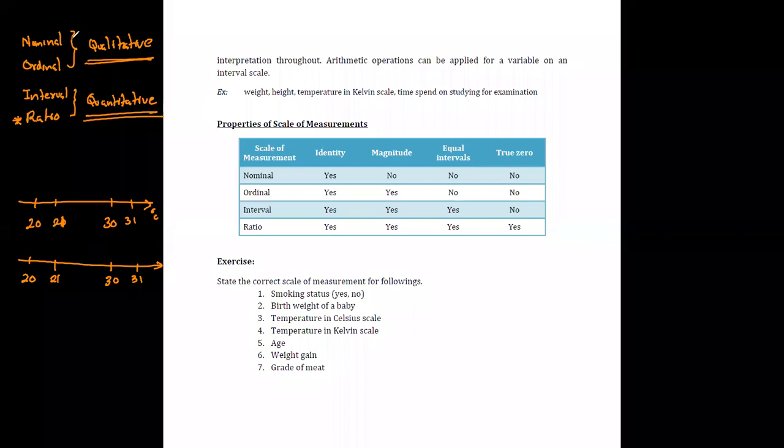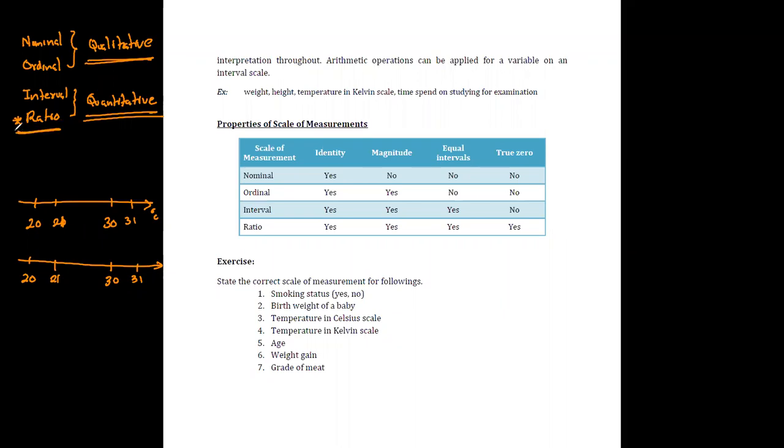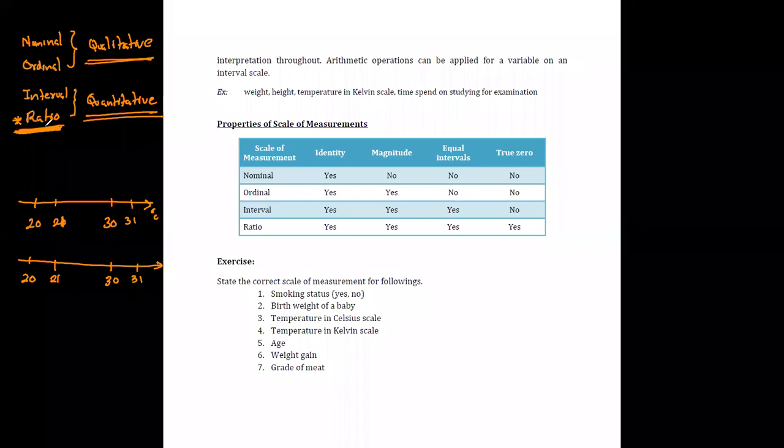Nominal, ordinal and interval are also used, but if you wish to apply much more powerful tests, then all of them are based on the ratio scale of measurement. Arithmetic operations are also appropriate for this ratio scale.